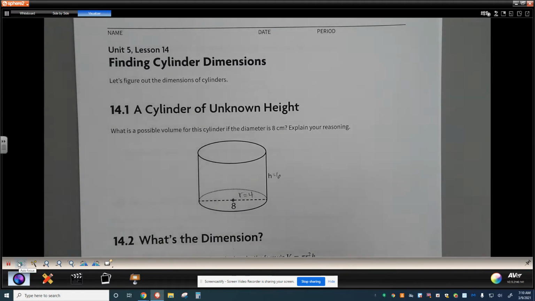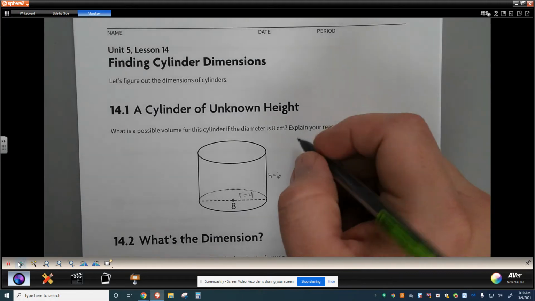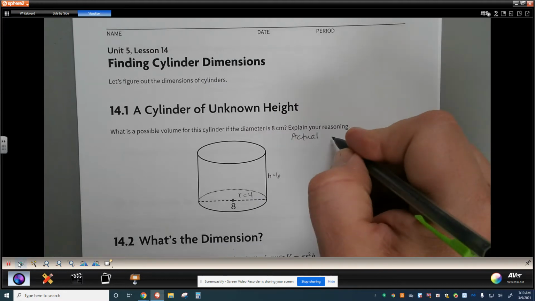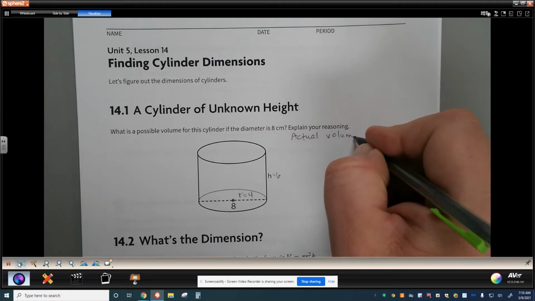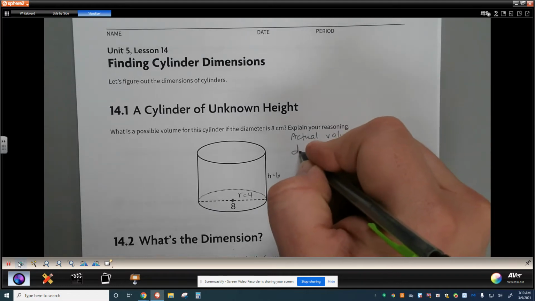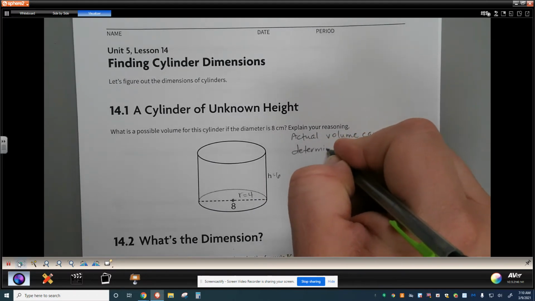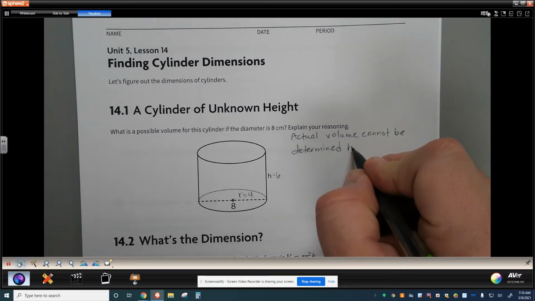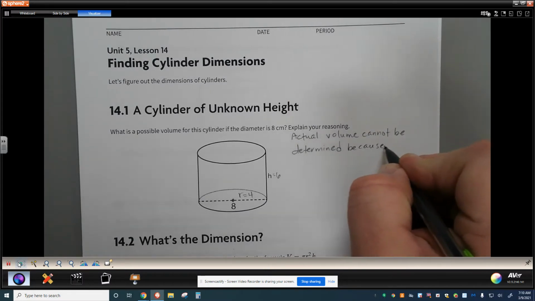In this case, though, if I want to find the possible volume for the cylinder, I would just be left with guessing. The actual volume cannot be determined. There's not enough information.